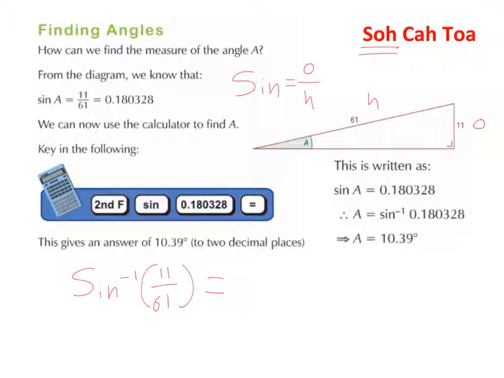By pressing second function and sine minus 1, a bracket would have come up. Pressing the fraction button, we could have just put in 11 over 61, closed our bracket, pressed equals, and straight away we would have got 10.39 degrees. So a much quicker method.